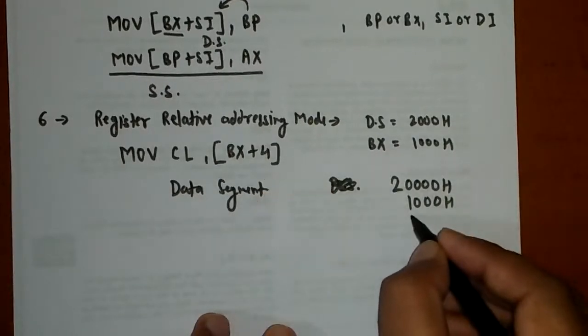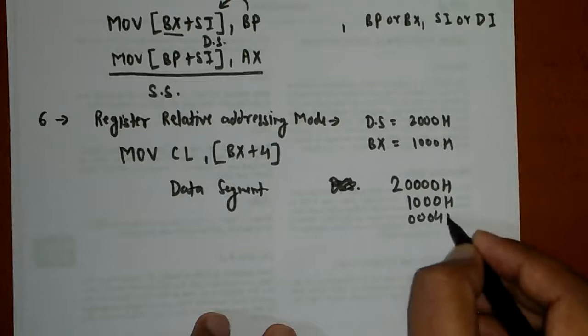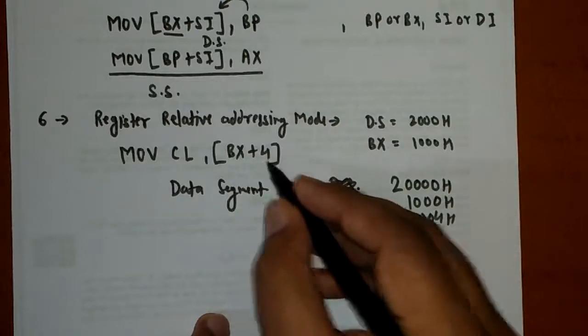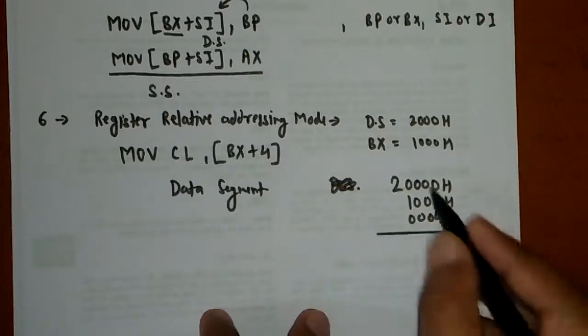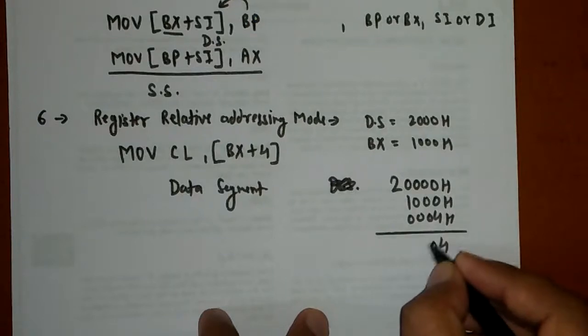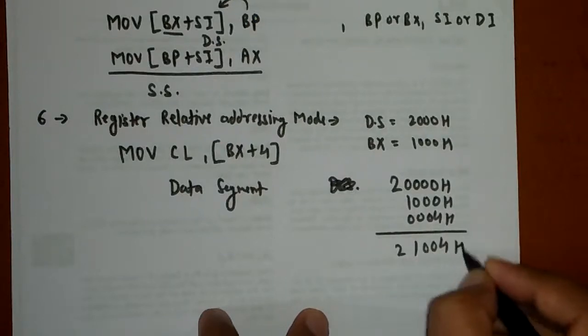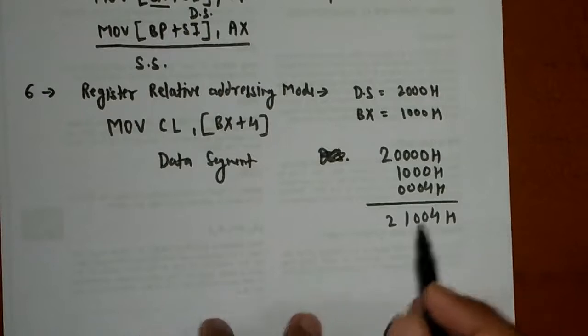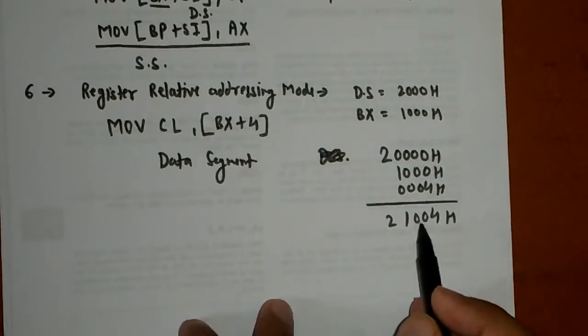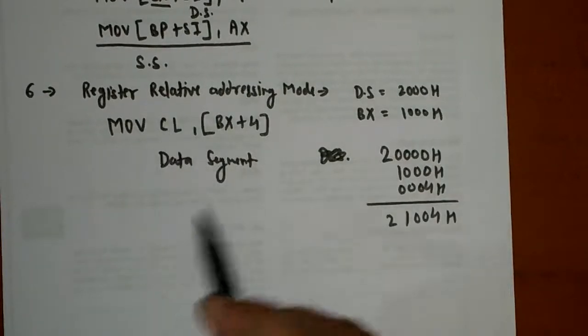This is the displacement; this is relative addressing. So add all the things, and here it is 40012. So you will get this 20-bit address, and the data present at this 20-bit address will be copied to CL, right?